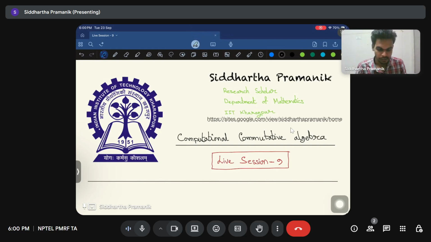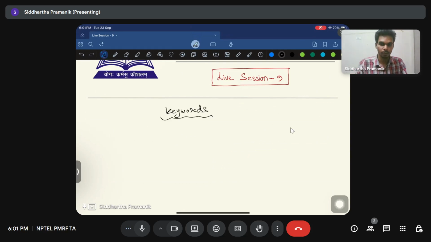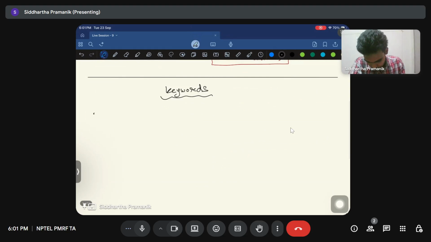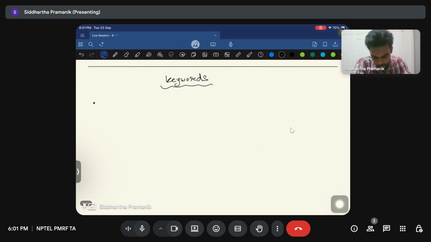Let's summarize the topics of week 9. Let's write down the keywords of the topics. So, in the first lecture of week 9, we started with the degree of Hilbert-Samuel polynomial.